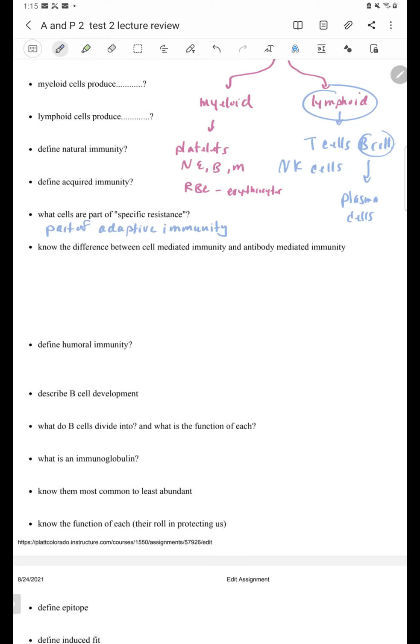So we have specific, and then the other one is the memory. There's the memory part of your immunity, and the specific targets specific pathogens.